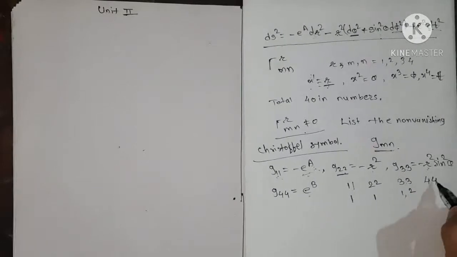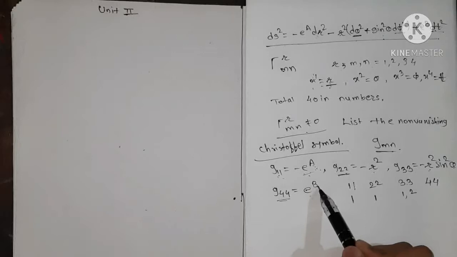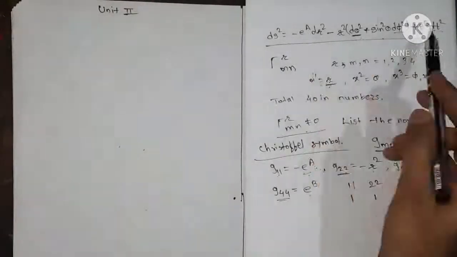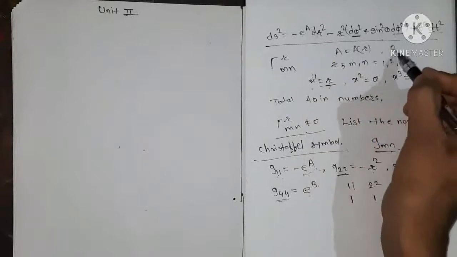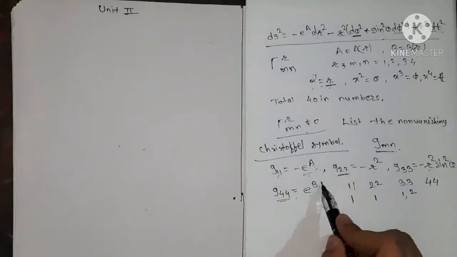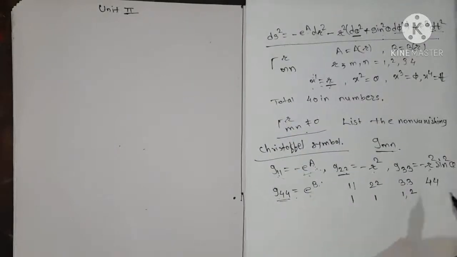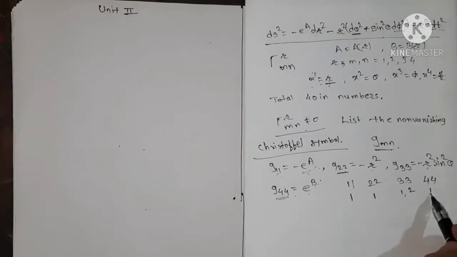And for g44, there is no theta, phi or t, because here we take a as a function of r alone and b as a function of r alone. So e to the power b, that is 44, depends on 1.